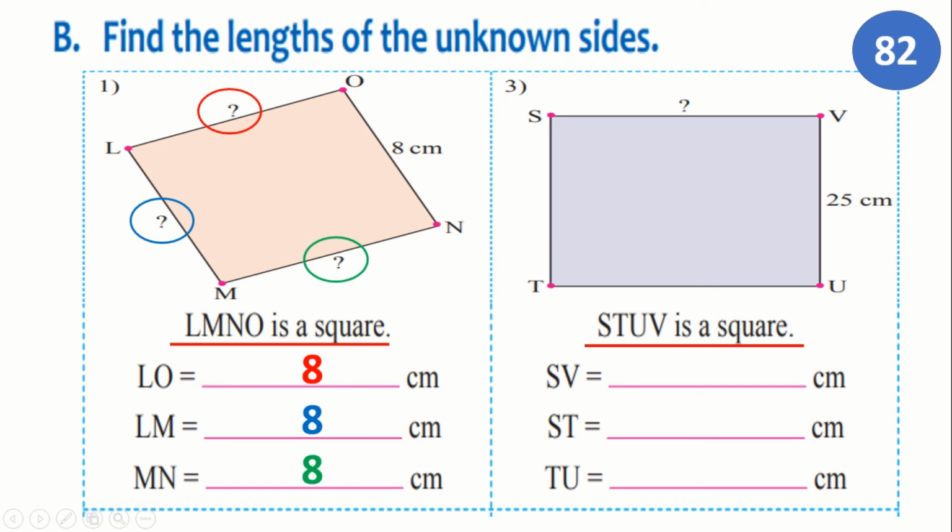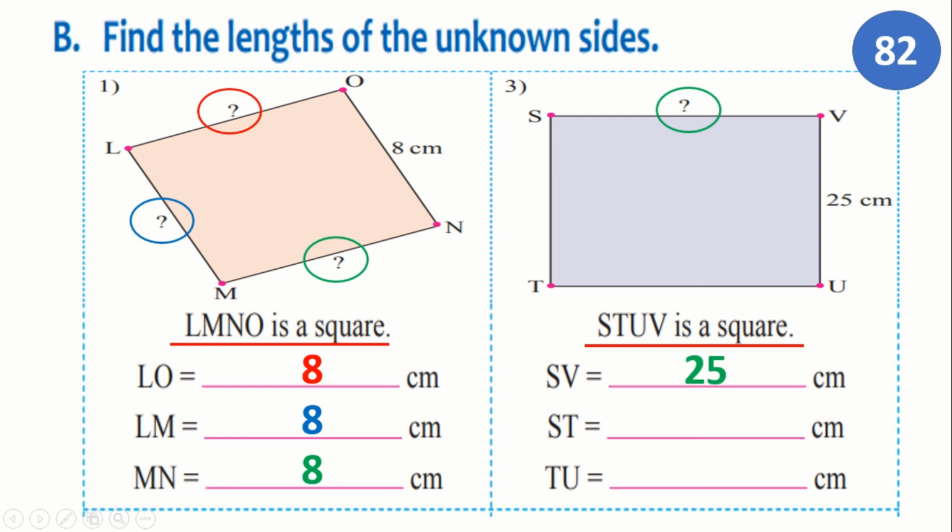If this is a square, the same as number 1, the length of all of the sides is the same. You have here 25, the one side here, and then the SV here, the green color here, is the same. They're the same, students, 25.